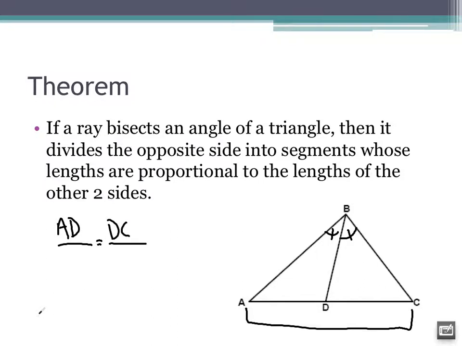The other 2 sides that go in this proportion are the other 2 sides of the triangle. AD touches side AB, so in our proportion, AD is going to go over AB. DC connects with side BC, so DC will go over BC. We have 3 examples that we're going to do.